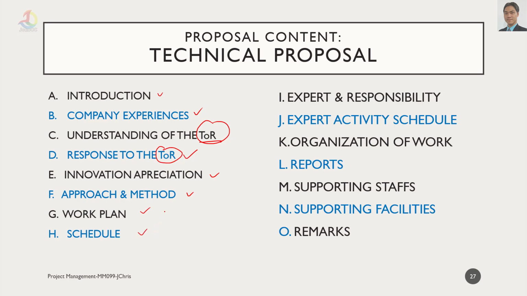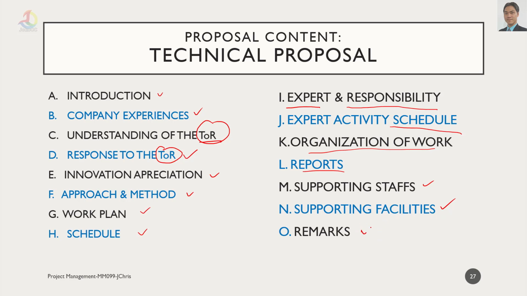After that, we can say who is the people that's expert in this area and what is their responsibility and what is their schedule. After that, we need to define the organization of work and how reports being collected, created, and maintained, and how many staffs are needed and how many facilities that are going to be needed to finish the project.